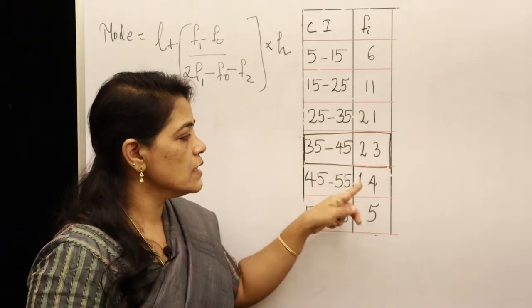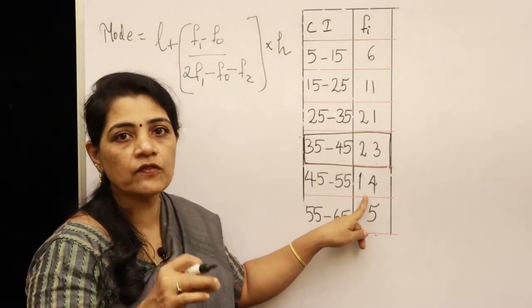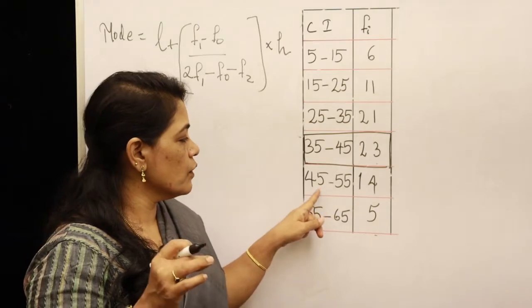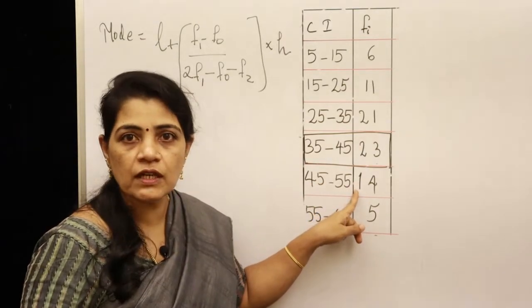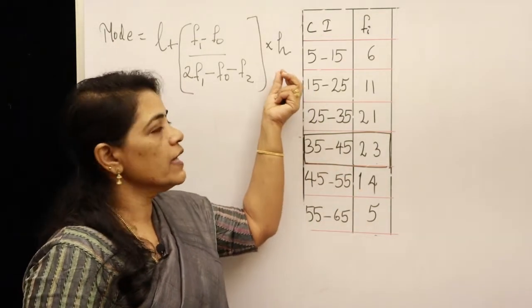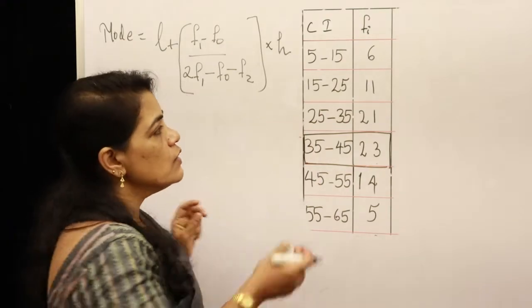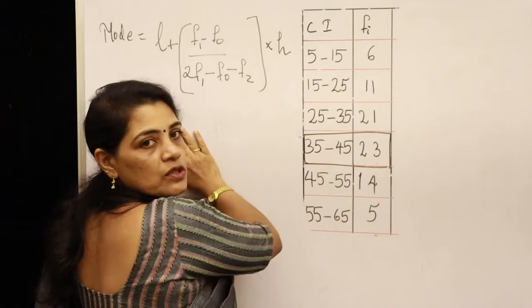And F2 is after this modal class, okay, the succeeding class, frequency of the succeeding class. Okay, that is 45 to 55 is the class which comes after the modal class and its frequency is 14. Okay, and H we already have seen is equal to 10. So we are going to write all these details here, and after that we can substitute in the formula.